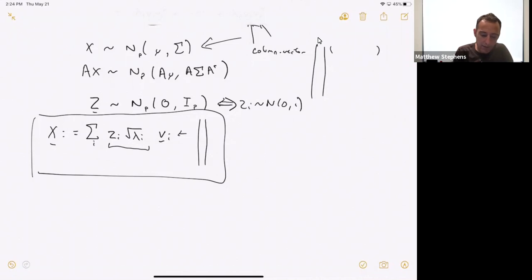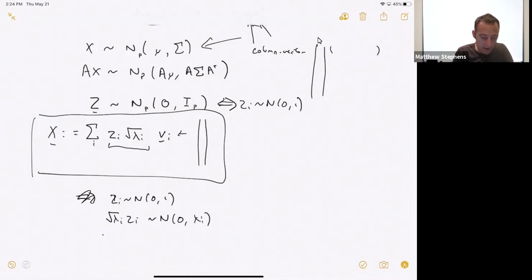And if we define X this way, then it's not hard to show that, let me just say that zi is normal 0, 1. So the square root of lambda i times zi is just normal 0, lambda i.